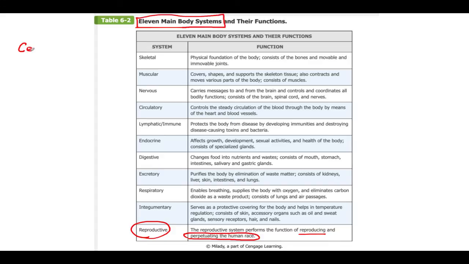The flow is that cells come together and produce tissues, tissues come together and produce organs, and organs come together and create systems, the body systems.